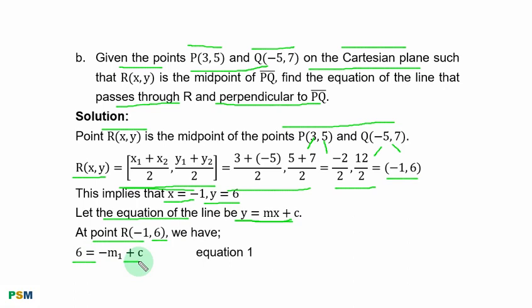Now, we are going to have two lines: the line from point R, then PQ. Let's call this equation 1. Now, we need to get another equation using points P and Q so that we can get the gradient, since the two lines are perpendicular.